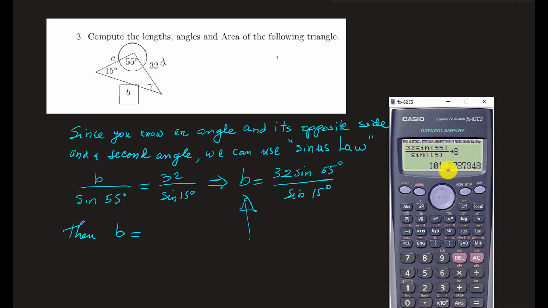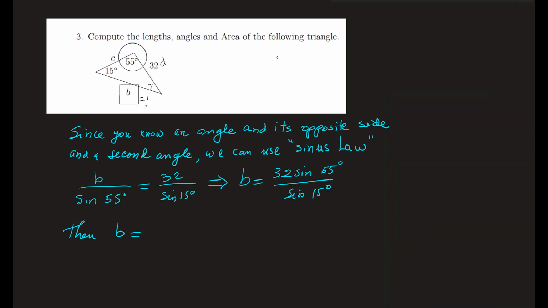101.27873 is almost 101.28, but almost is not exactly 101.28. I'm going to store it in B, 101.28, rounding. But don't lose any precision.